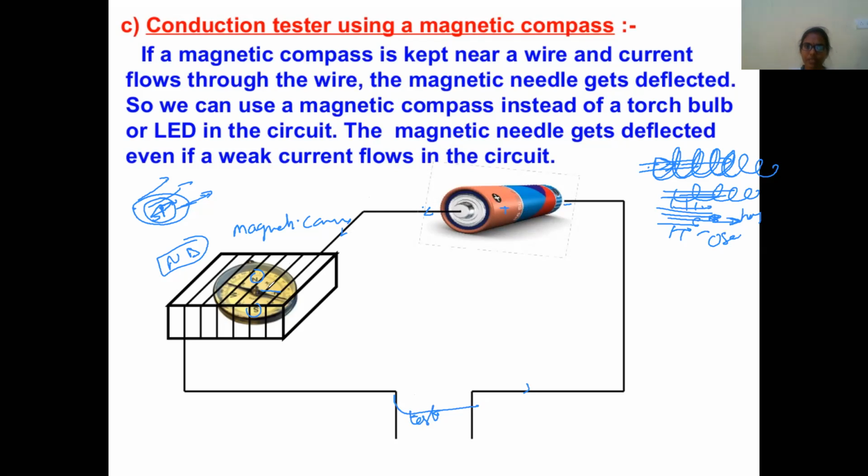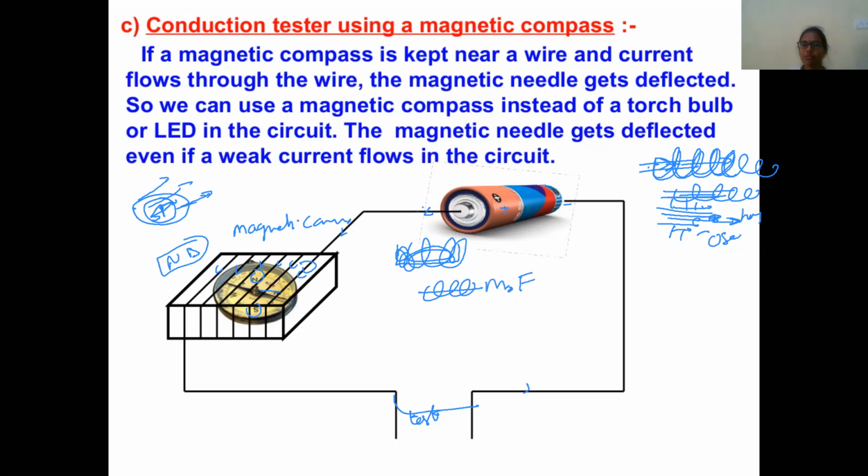When current is moving in this direction, see the coil: the wire is circulating around the compass. Suppose a matchbox is opened, the compass is kept inside it, and around it they wound the coil, that is, the wire. When electricity is passing, what happens around this wire? Around the wire, a magnetic field is produced.